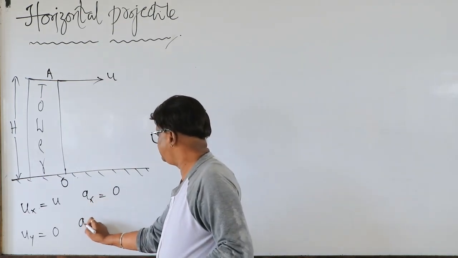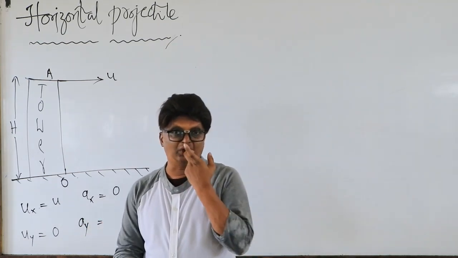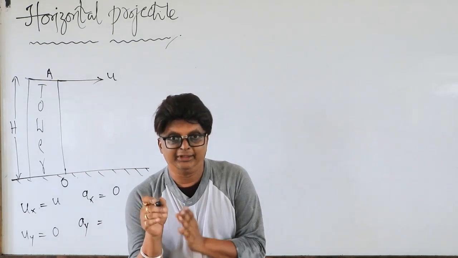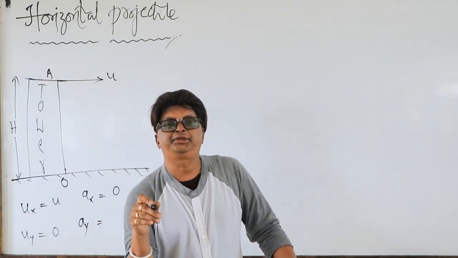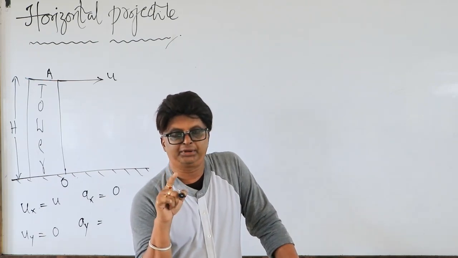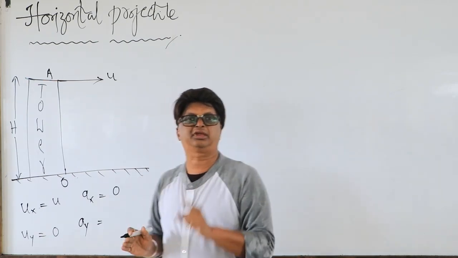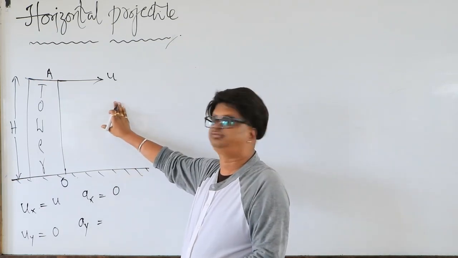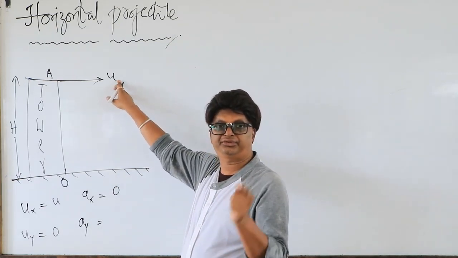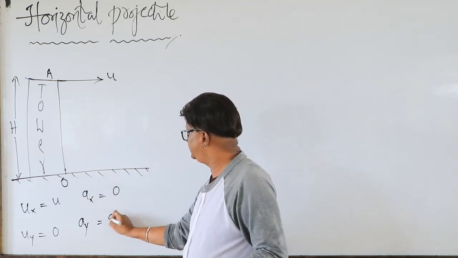And what is ay? In the vertical direction there is gravity, because our discussion is completely about motion under gravity. In this particular case, the one and only force experienced by this object is the gravitational force, and hence the one and only acceleration that we write is g.